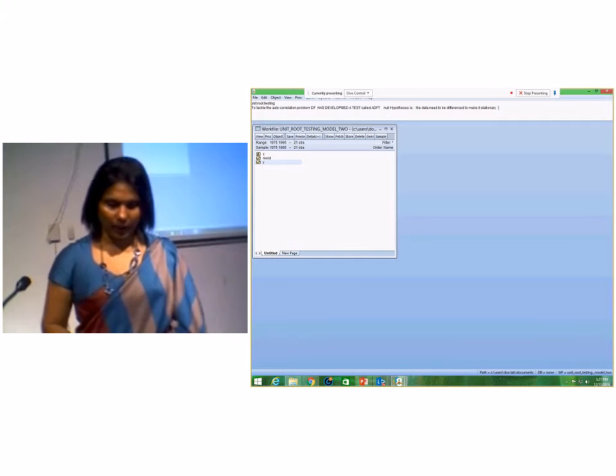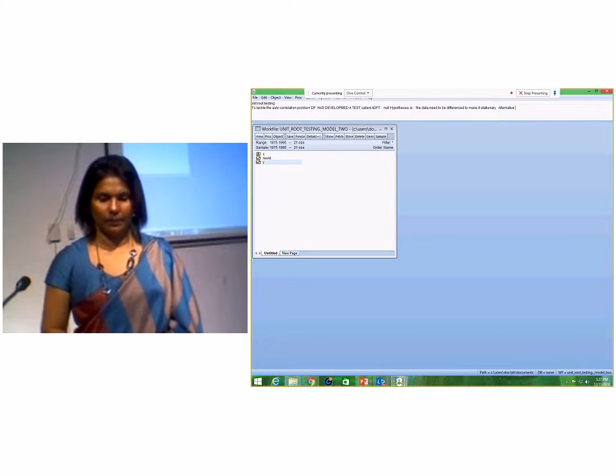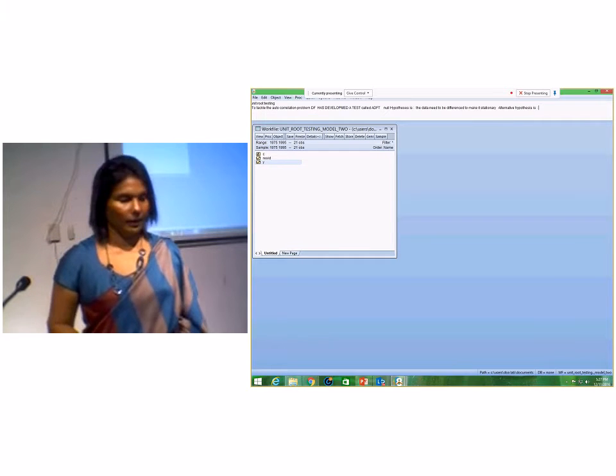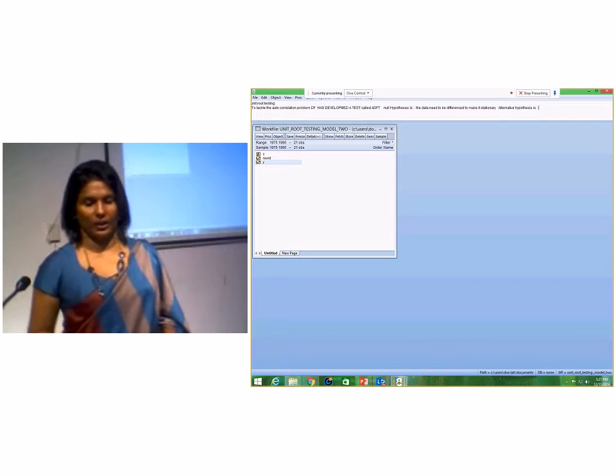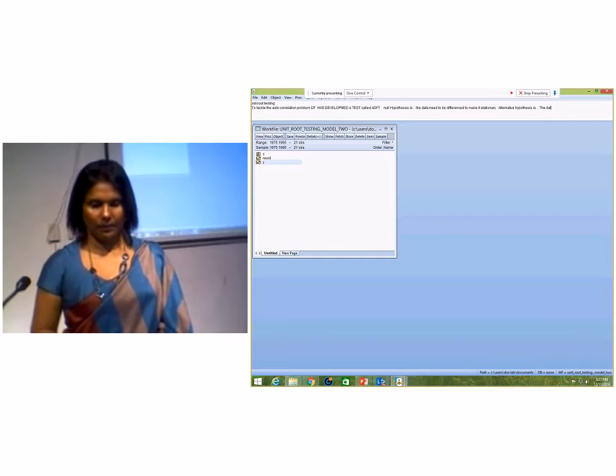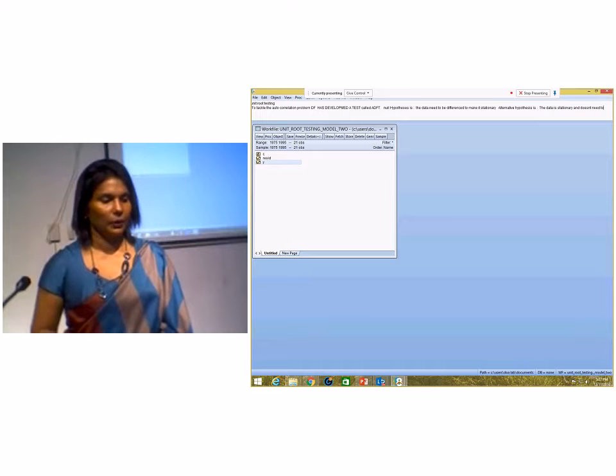Then the alternative hypothesis is the data is stationary and doesn't need to be differenced.